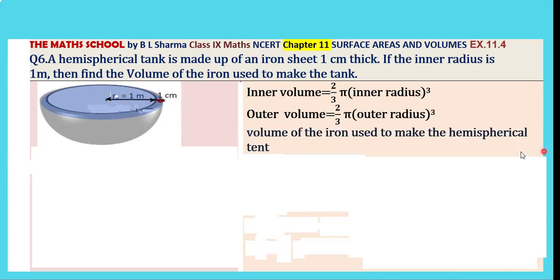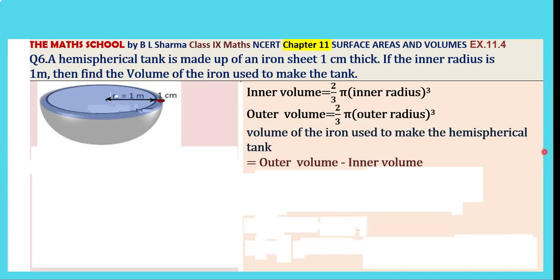So the volume of the iron used to make the hemispherical tank is the outer volume minus inner volume.